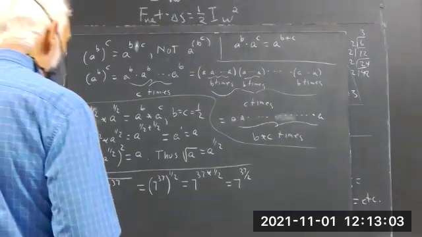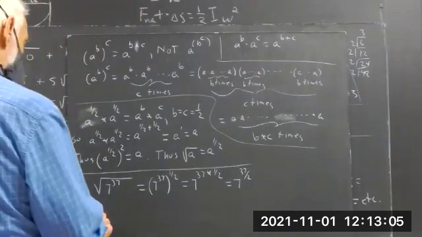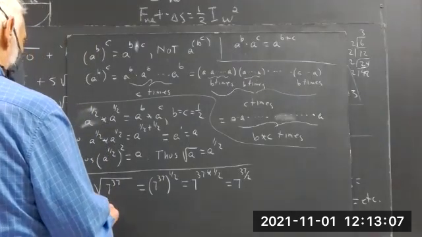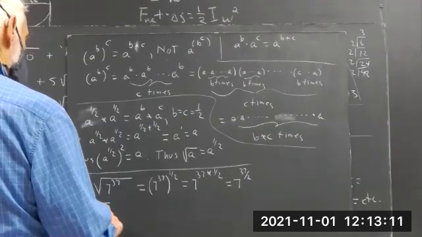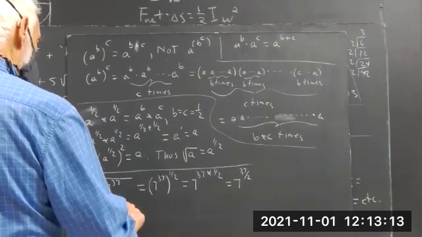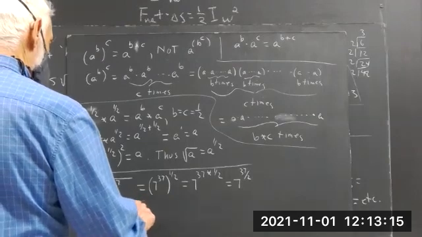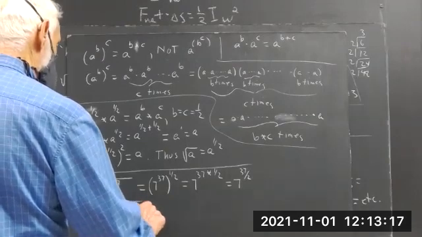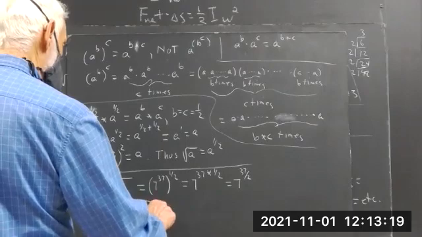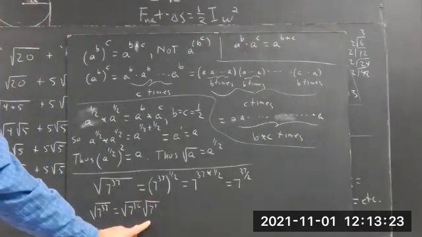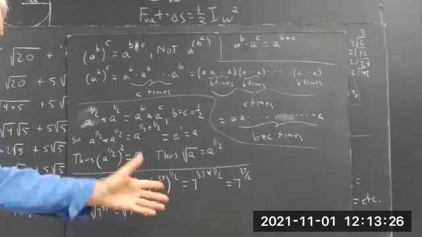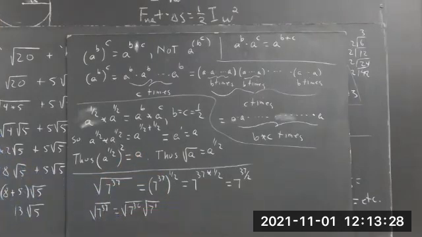But for what we were doing before, we could also write this as such. Square root of 7 to the 37 equals square root of 7 to the 36 times square root of 7 to the 1, right? Of course, that's just the square root of 7, and that's how I'm going to write it next time, okay?